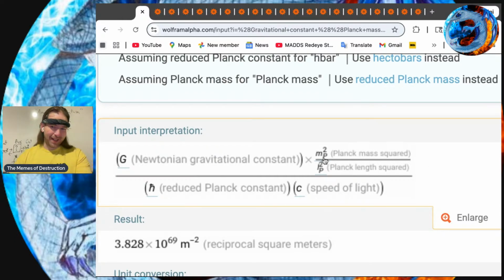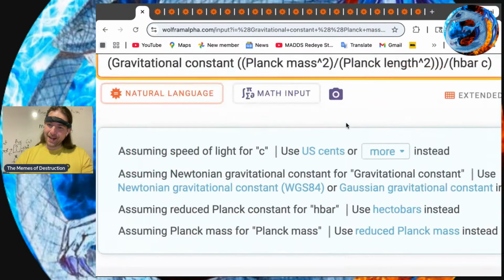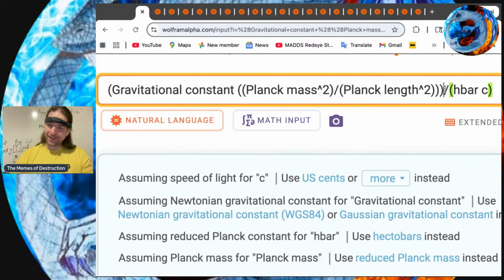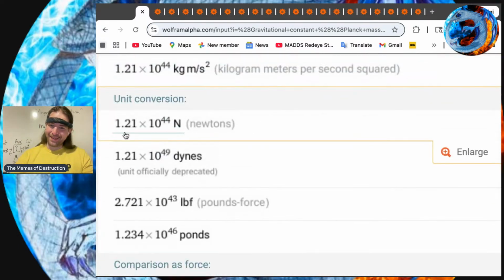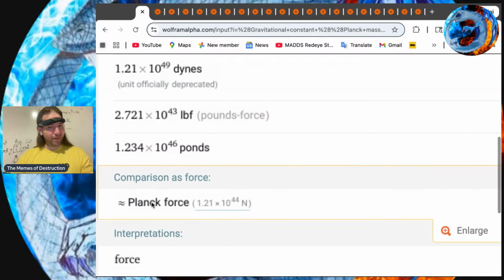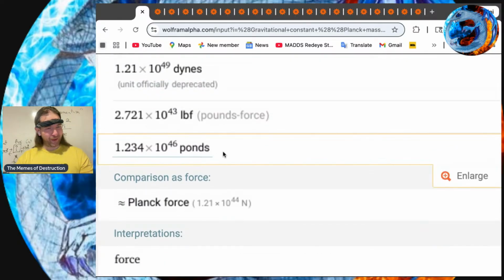We're literally just plugging in Planck units. When you do that, perhaps no surprise, you get this ginormous number, which is essentially the Planck force. It is the maximum unit force that we can have in our realm, the literal limit.